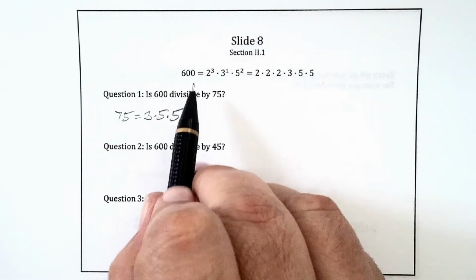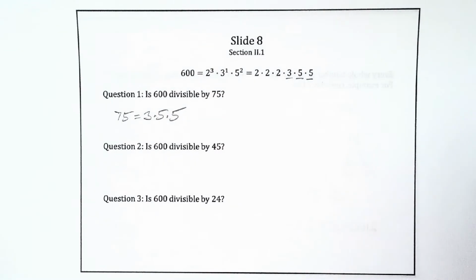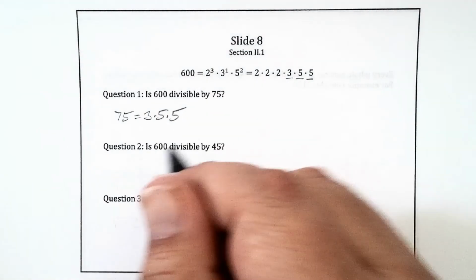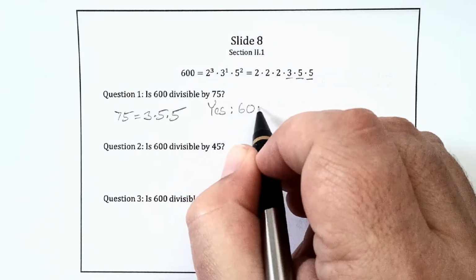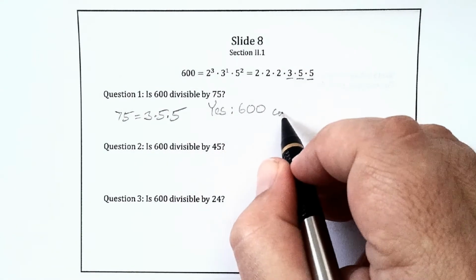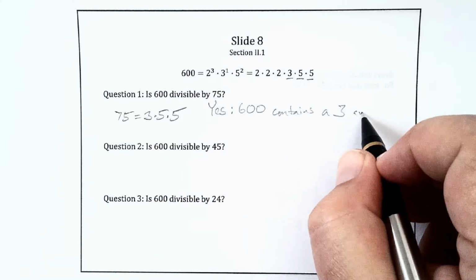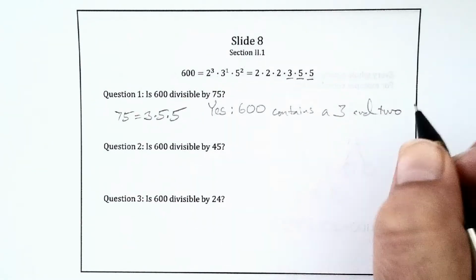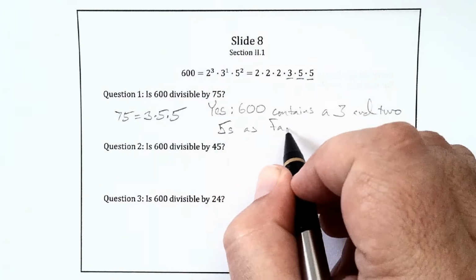Now, when I look inside of 600, I can see the 3, the 5, and the 5. So the answer here is yes. 600 contains a 3 and 2 5s as factors.